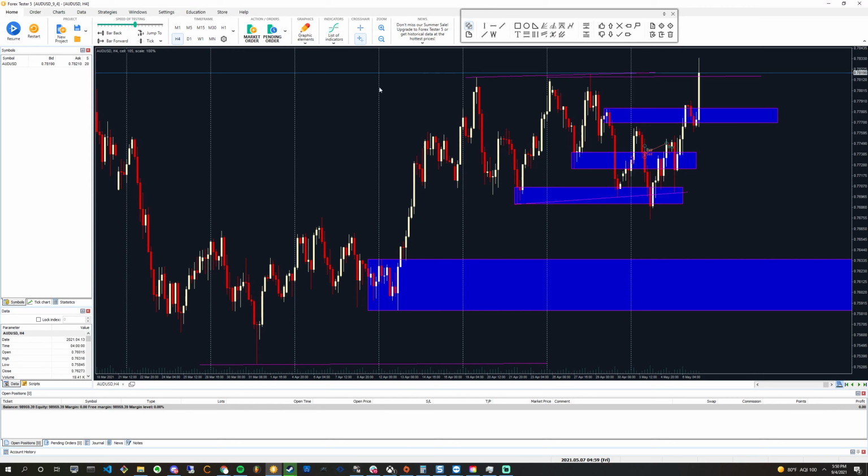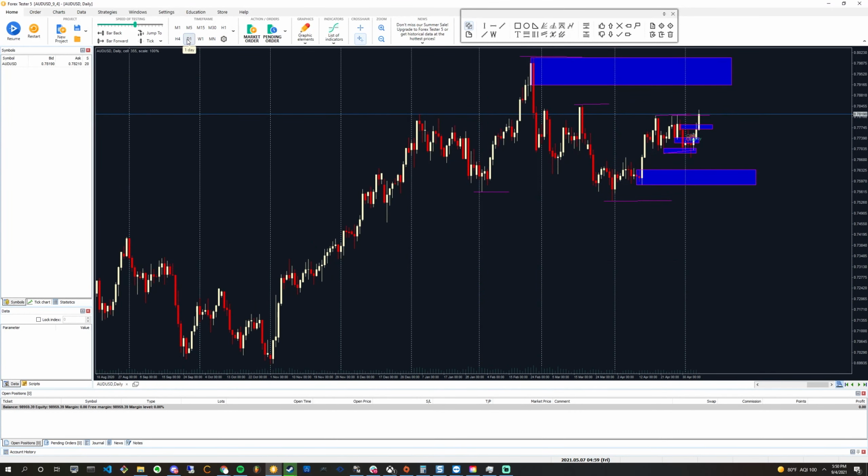Let's see what we got. So now I think we're gonna come back up to this area. We didn't unfortunately get all the way back here. Maybe I do want to mark this up and just drag it over.